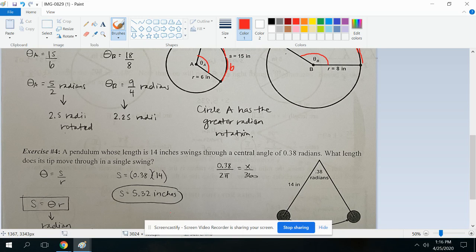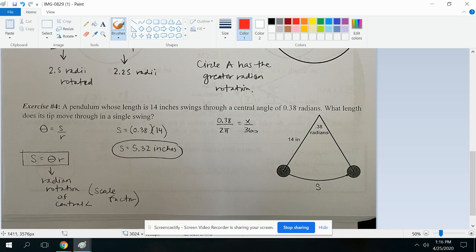The last one I want to talk about is, say they gave you the radian measure. Could you find the arc length, or could you find the radius? Absolutely. Let's look at our proportion here. Going back to this formula, our radians, our central angle, is the arc length divided by the radius. In this case, I want to manipulate this first to show you what's going on. This is the simple way to always find arc length if it's in terms of radians and the radius.